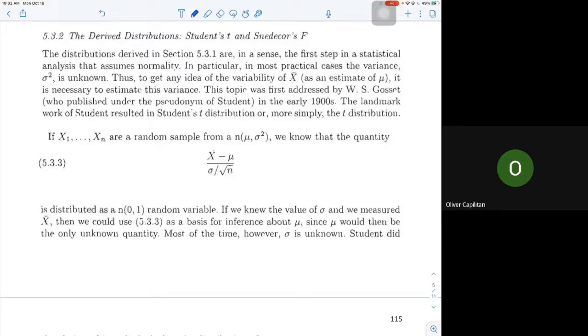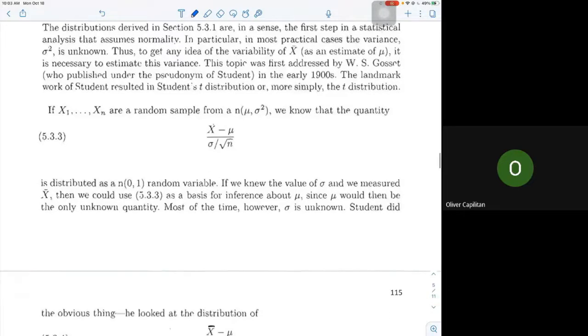Thus, to get any idea of the variability of the sample mean as an estimate of the population mean, it is necessary to estimate this variance, sigma squared. This topic was first addressed by W.S. Gosset, who published under the pseudonym of Student in the early 1900s. So the landmark work of Student resulted in the Student t distribution, or simply the t distribution.